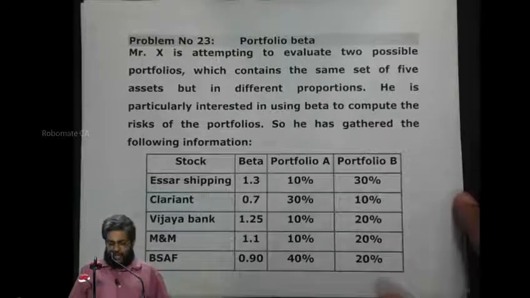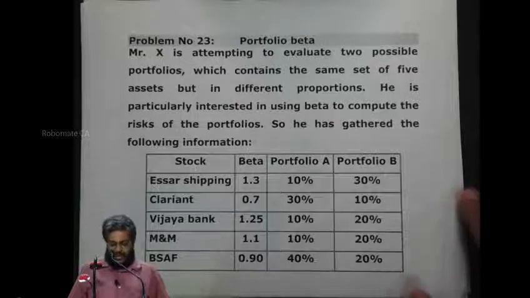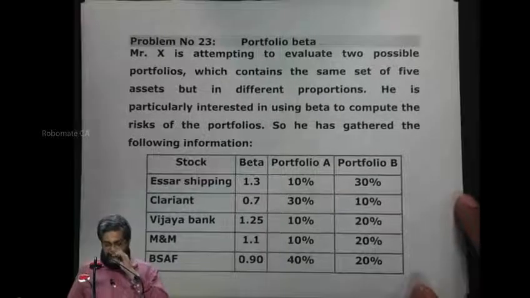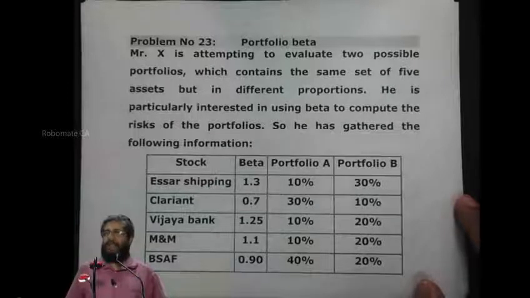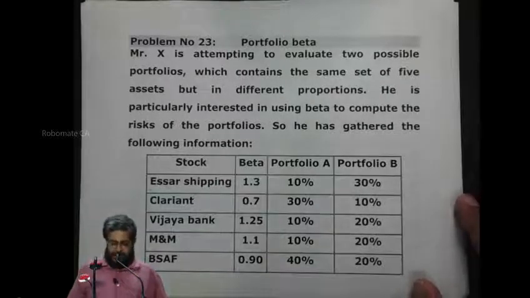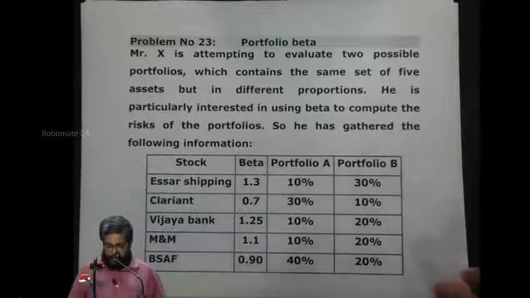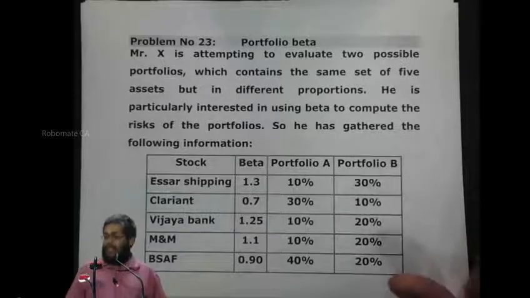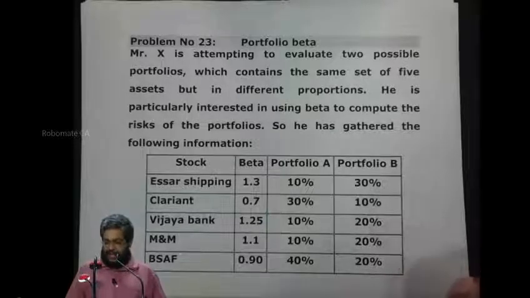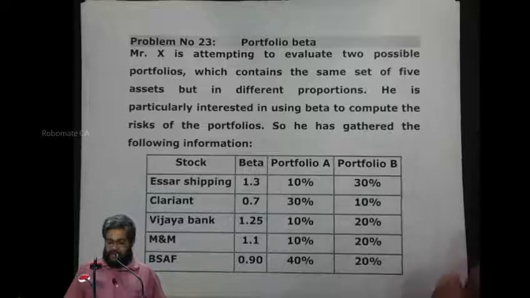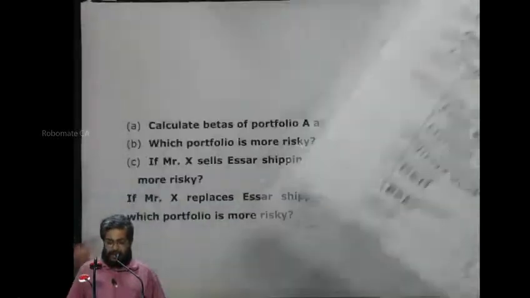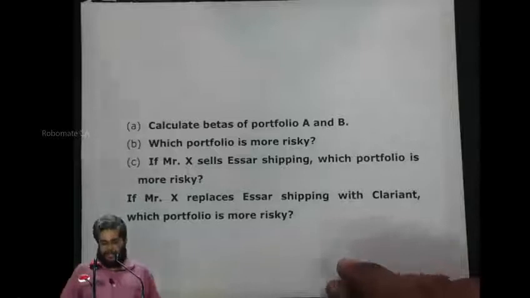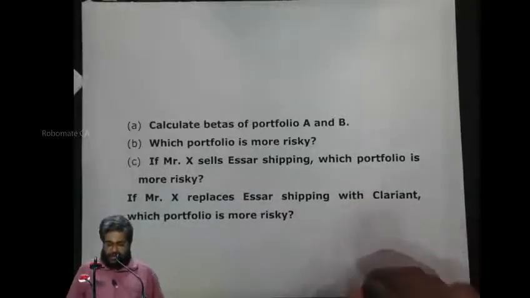Two portfolios A and B having the following stocks: SR Shipping, Clarion, Vijaya Bank, M&M and BASF. Beta of these stocks are 1.3, 0.7, 1.25, 1.1, 0.9. In portfolio A, the proportion is 10, 30, 10, 10, 40. In B, it is 30, 10, 20, 20 and 20. Calculate beta of portfolio A and portfolio B.